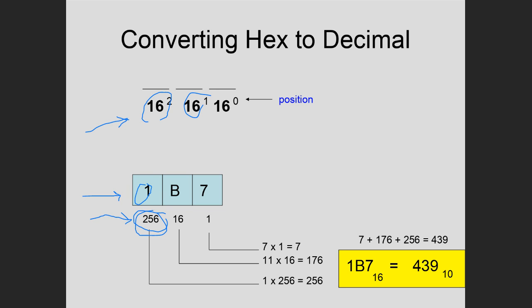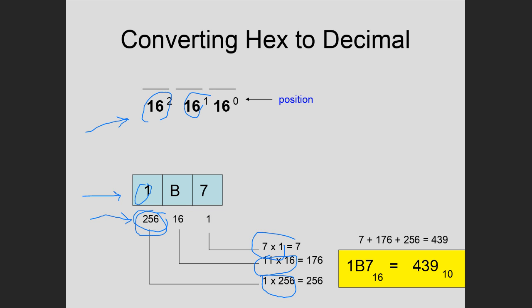So I got 1 of the 256, I got B of these things, but remember B is an 11 from that table before. And I got 7 of these. So I got 1 by 256. B is an 11, so I got 11 by 16. And I got a 7 by 1.